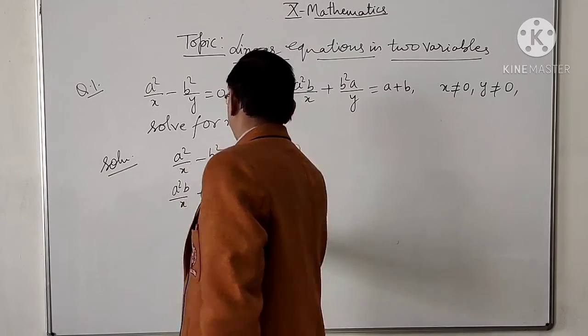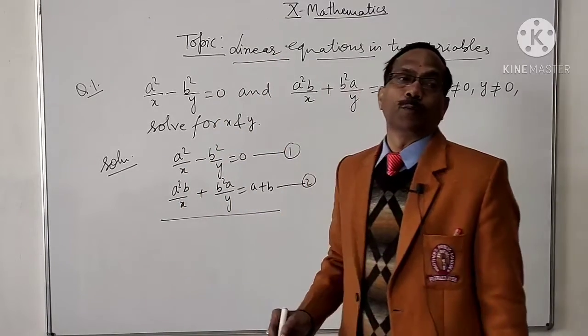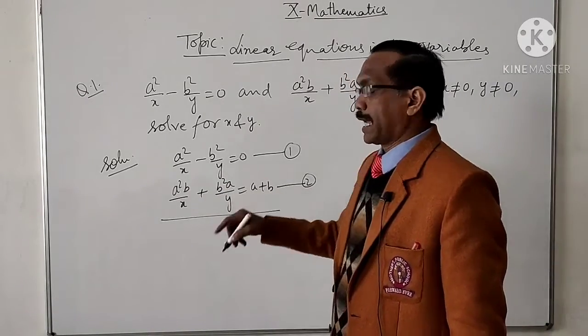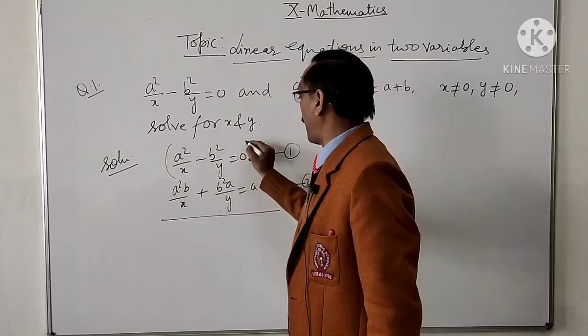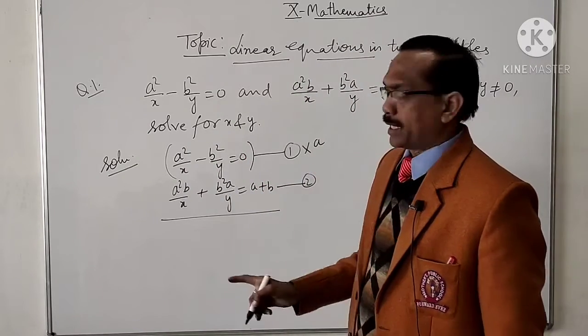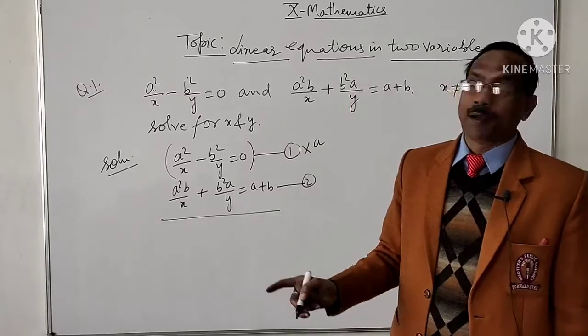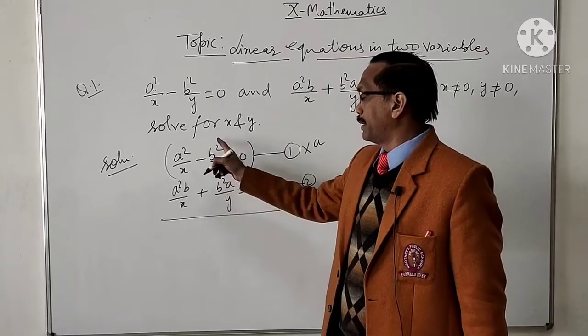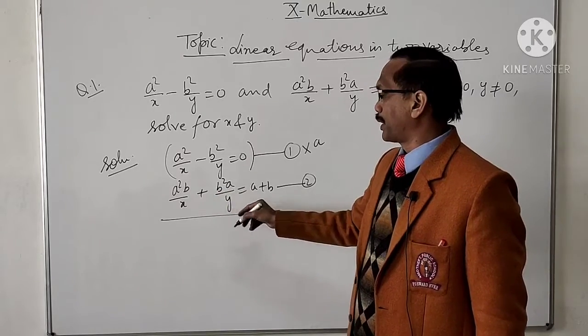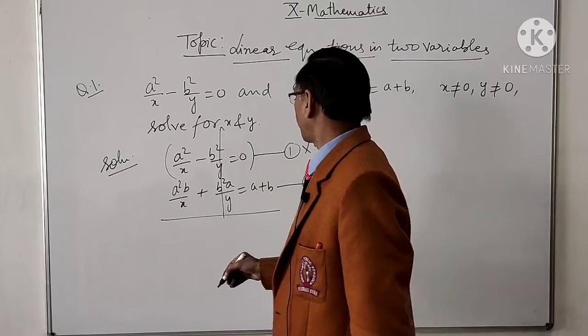It is equation 2. To make the coefficient of either y or x equal, we will multiply the first equation by a. Then the coefficient of 1 upon y will be b square into a, and here is also b square upon a, so it is cancelled out.